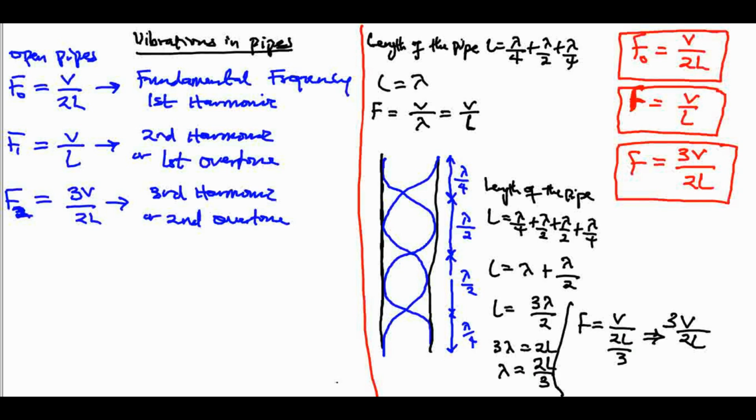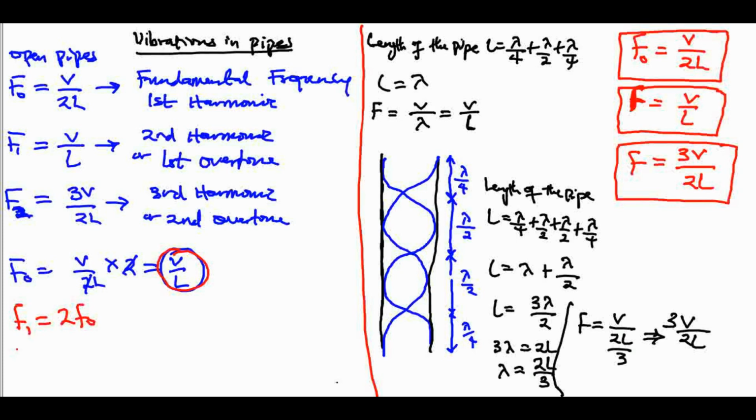Now look carefully. F naught is equal to V over 2L. If I multiply F naught by 2, I am getting V over L, and V over L happens to be F1. So what does that say? That is simply saying that F1 is equal to 2F naught. That is, if I multiply the fundamental frequency by 2, I am going to get F1.